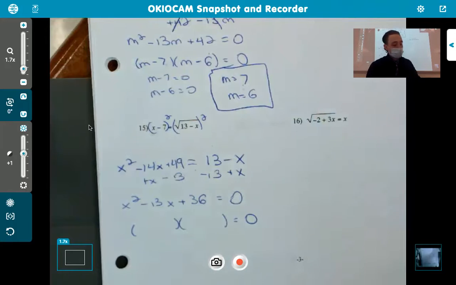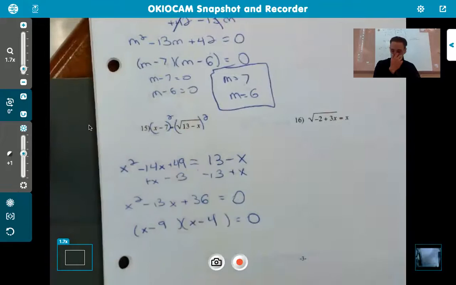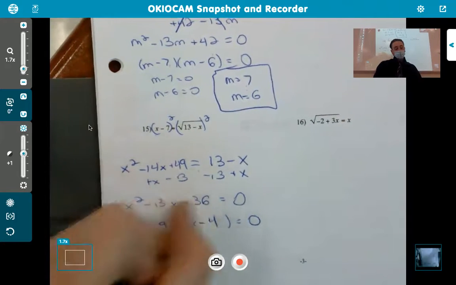Good. Nice job. Negative 9 and negative 4. So then what are my two solutions? Good. X equals 9, x equals 4.